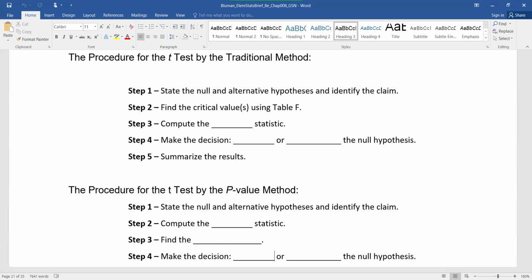Very good. Step 4, again, we will make a decision to either reject or not reject the null hypothesis. And then step 5, summarize the results by restating the researcher's claim in your response.